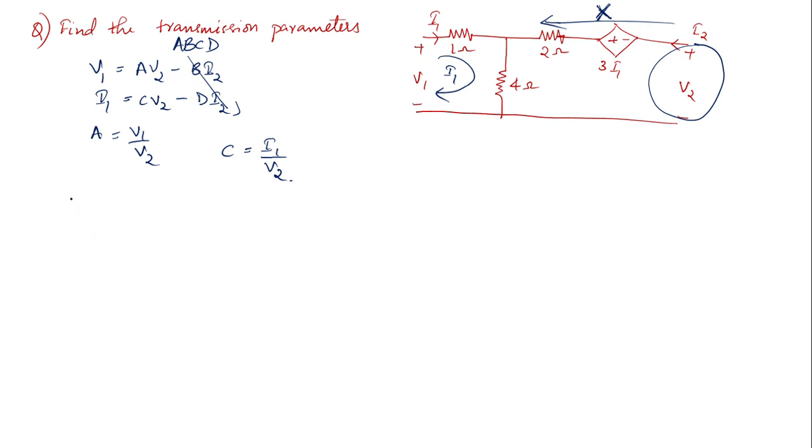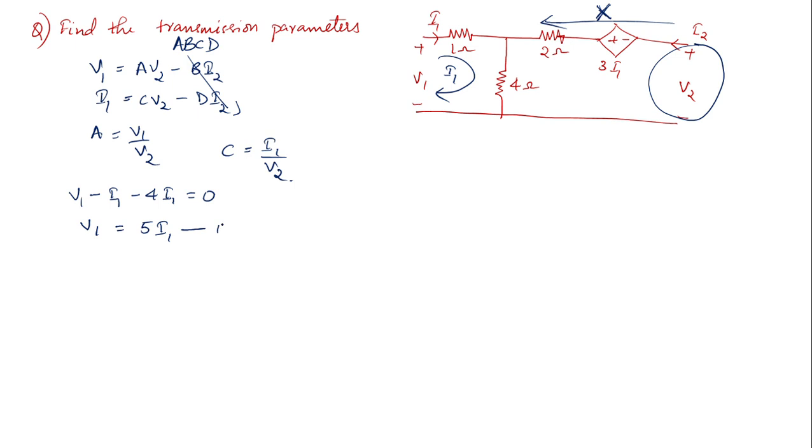What will be the loop equation? V1 minus I1 minus 4I1 is equal to 0. And from this you will get V1 is equal to 5I1.